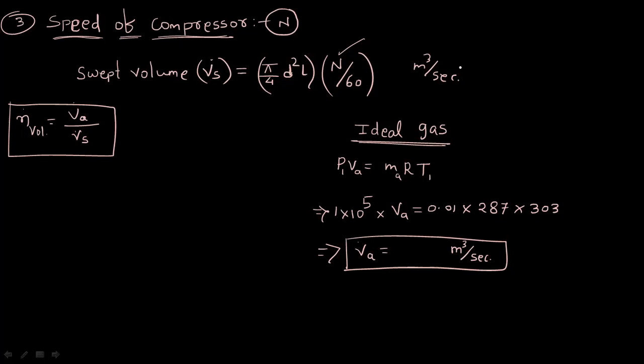How much we are getting? 0.00869. So we are getting 0.00869 meter cube per second.